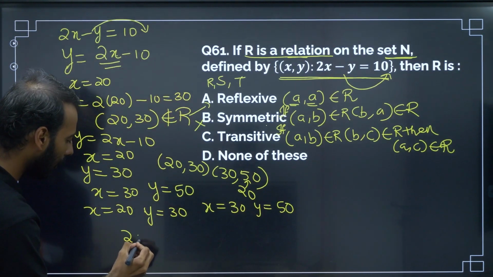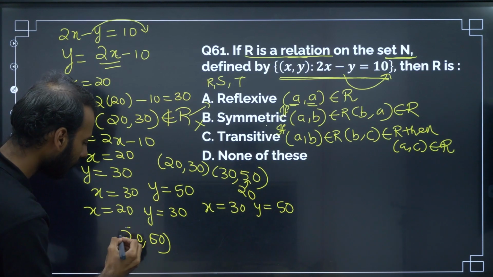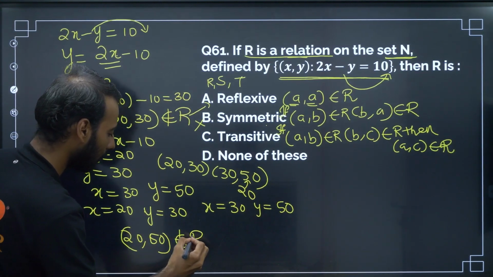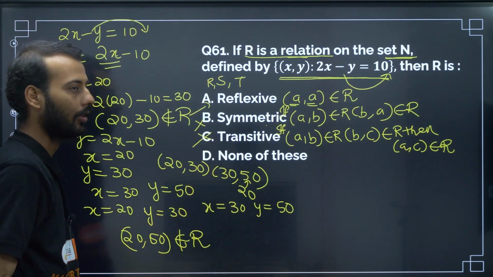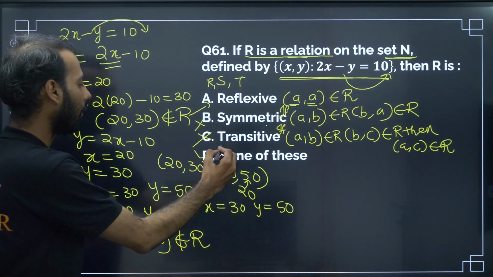But (20, 50) does not belong to R. So this is not transitive also. So the answer is none of these.